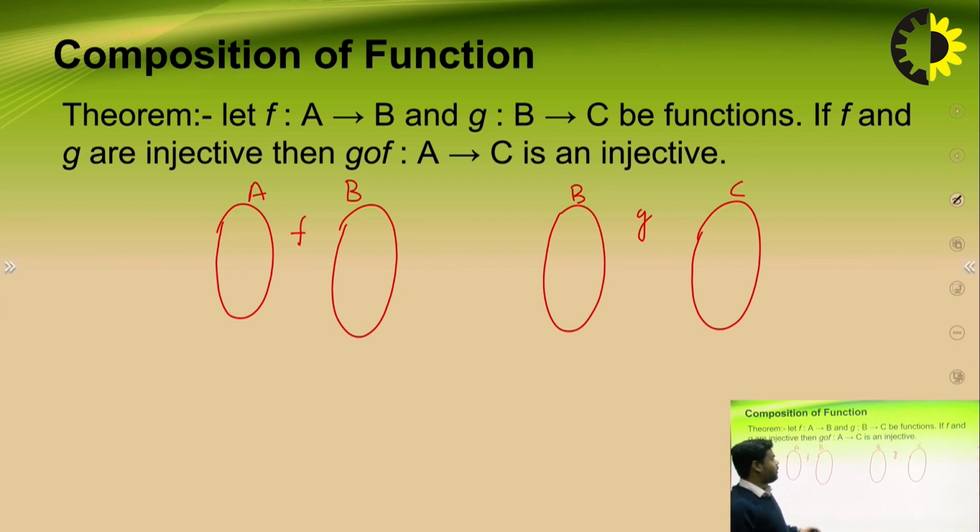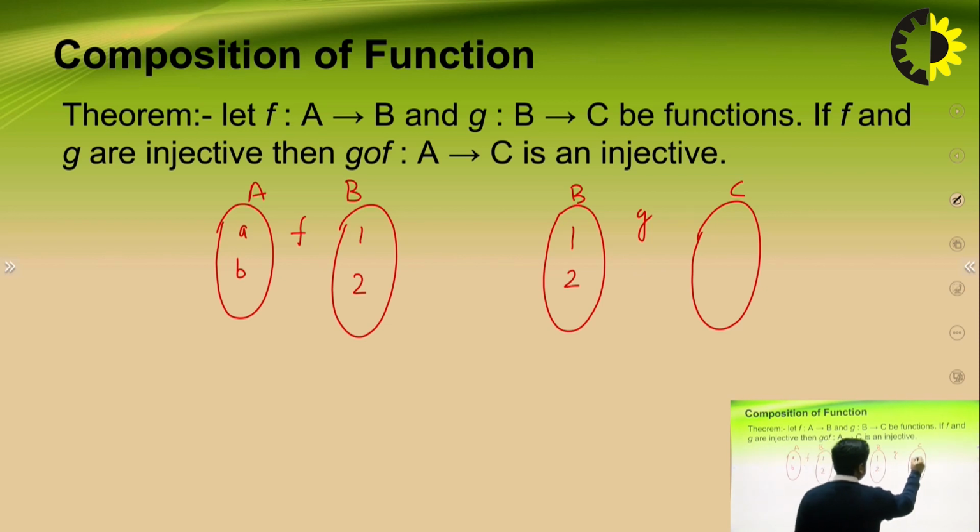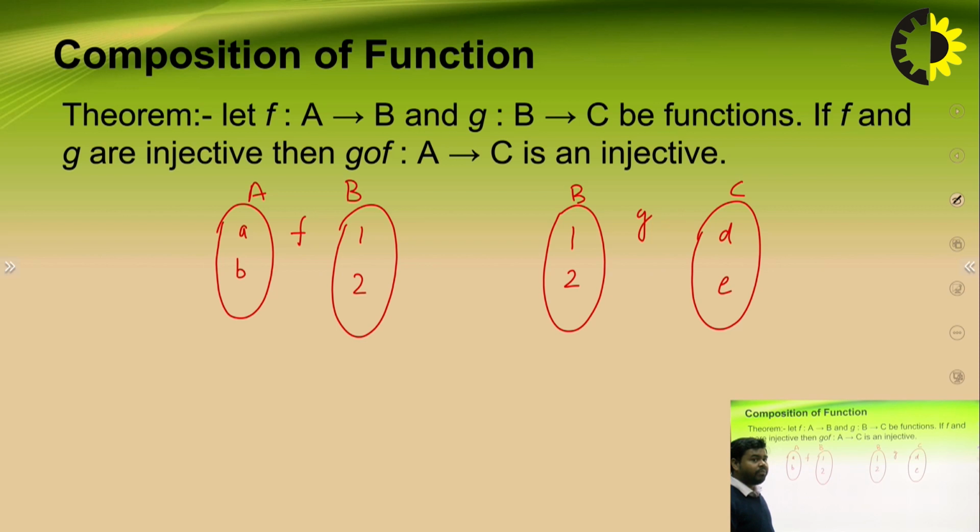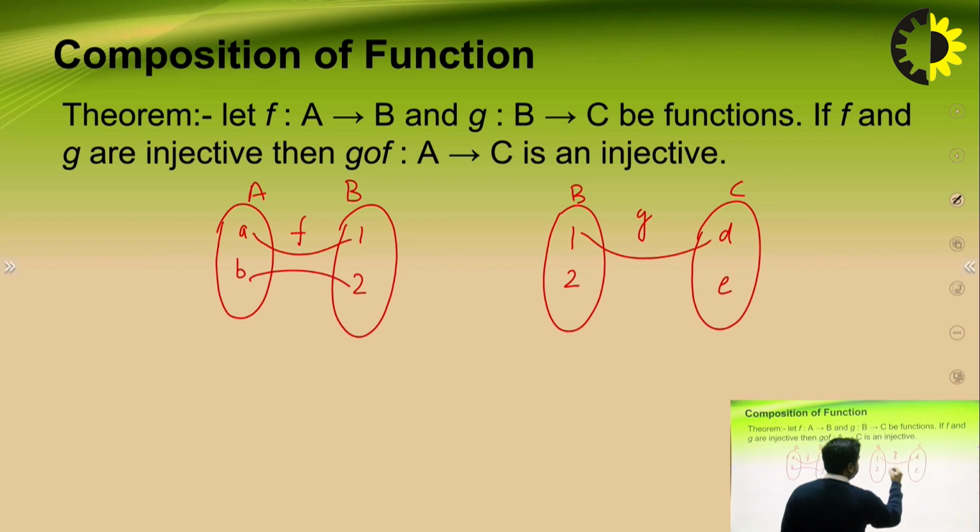Okay, it is clear. Now we are given that f and g are injective. Now I am taking the values: a, b, 1, 2, 1, 2, d, e. I have taken the values in the sets. A is related to 1, b is related to 2, 1 is related to d, and 2 is related to e. This is given.